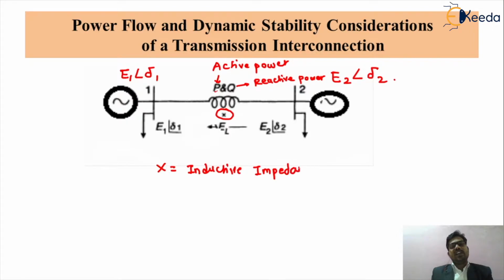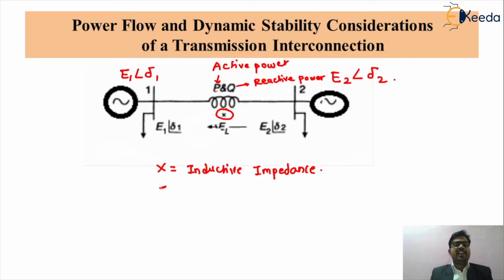of a transmission line, and as we have seen in the single line diagram of your power system, we are basically ignoring the value of resistance and capacitance. So we are only considering the value of the inductive impedance.